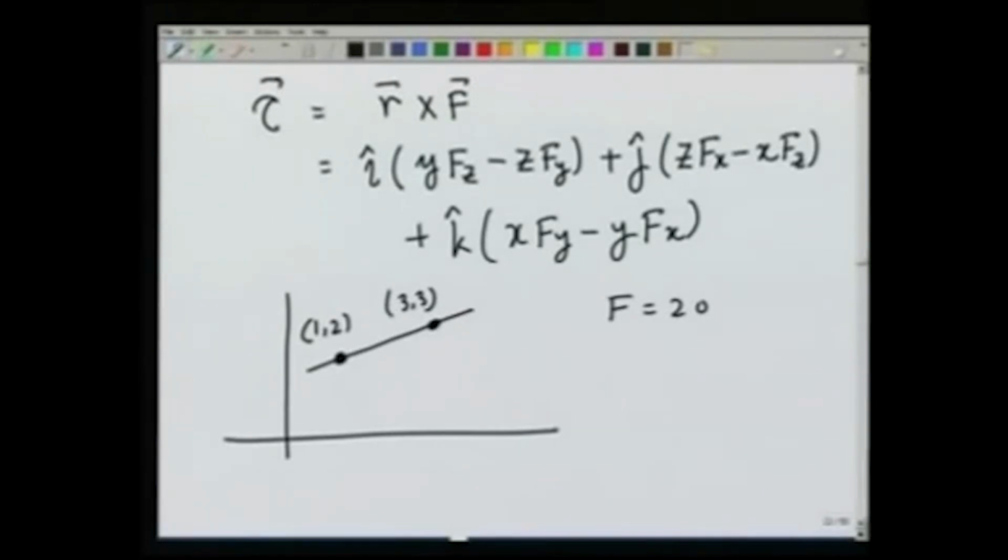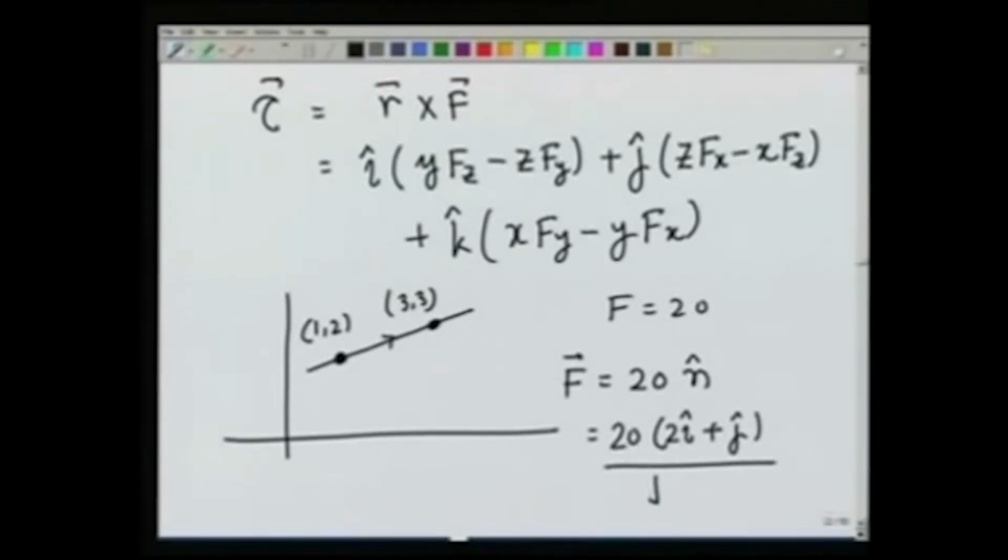So, if I were to write the force as a vector, it would be 20 times a unit vector in this direction, which I can write as 2i plus j divided by the magnitude of this vector, which will be square root of 5.